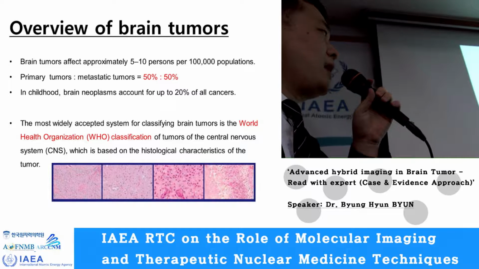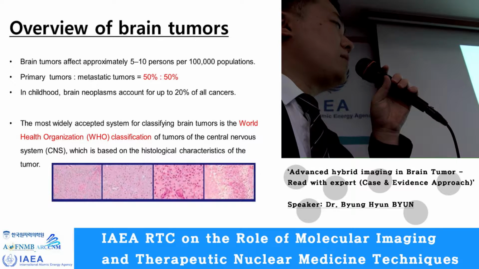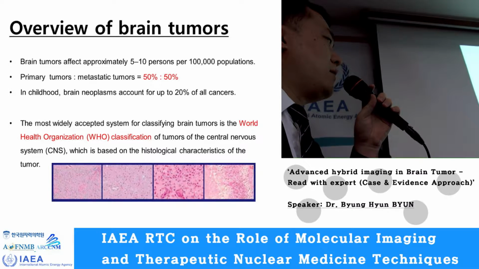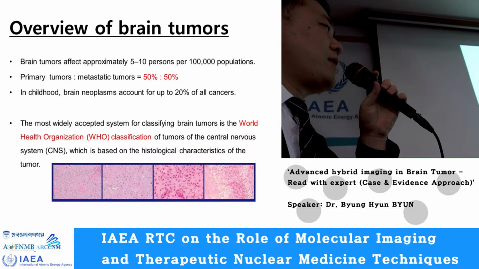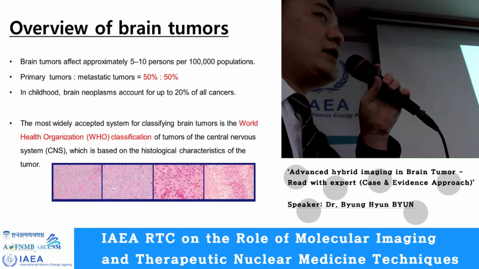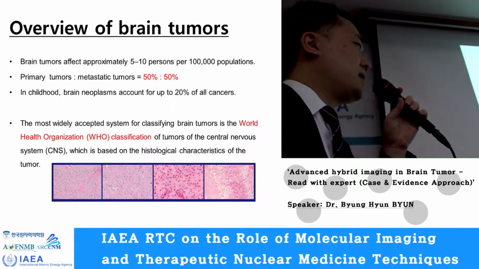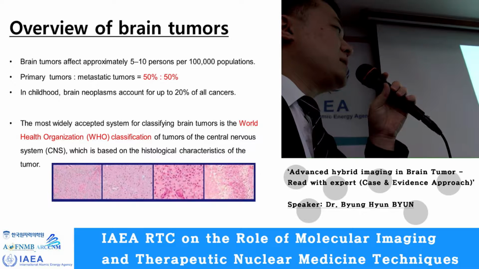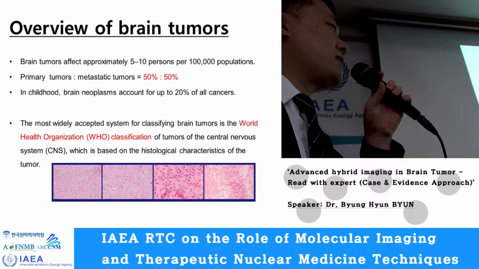In children, brain neoplasm accounts for up to 20% of all cancers. The most widely accepted system for classifying brain tumors is the WHO classification of tumors of the central nervous system, which you know very well, and which is based on the histological characteristics of the tumor.